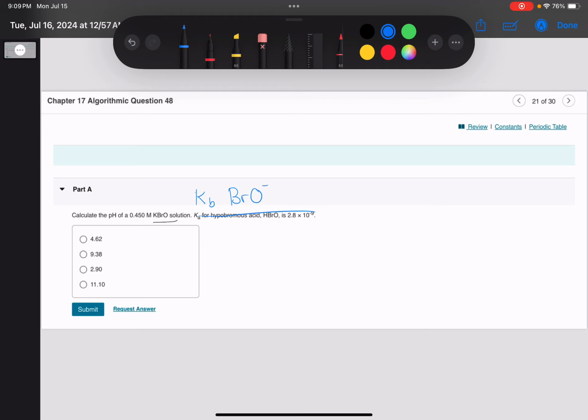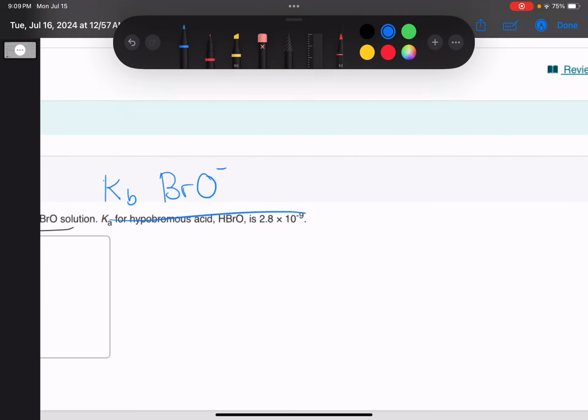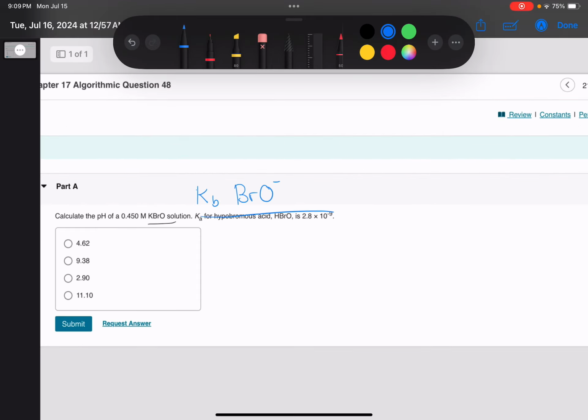So I would give you the Kb for BrO minus, and I'm going to tell you that. Don't worry about how I'm doing this because I'm not going to make you do it. Okay, so the Kb for our BrO minus is 3.57 times 10 to the negative 6th. So just pretend like that was the information that you were given for this problem.